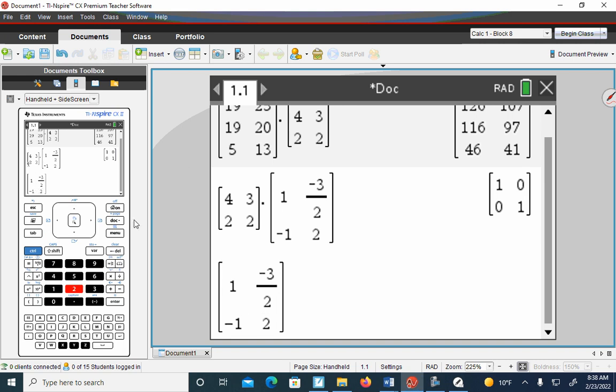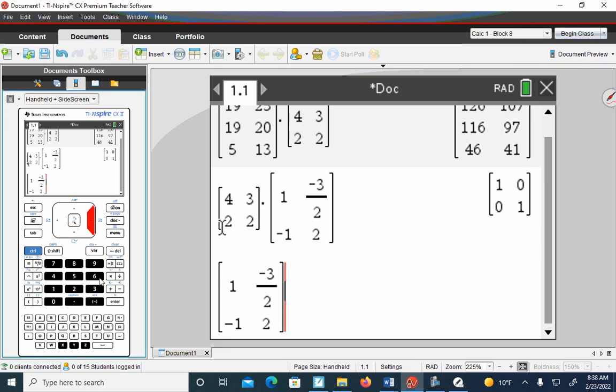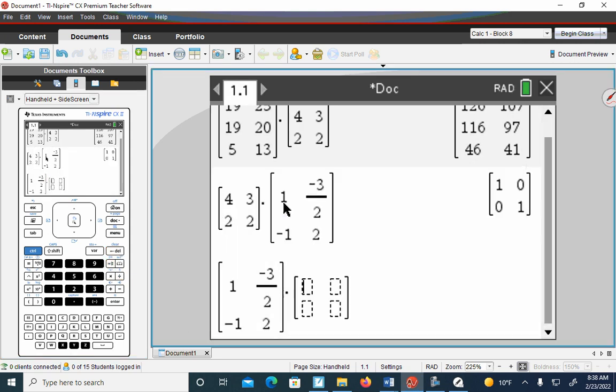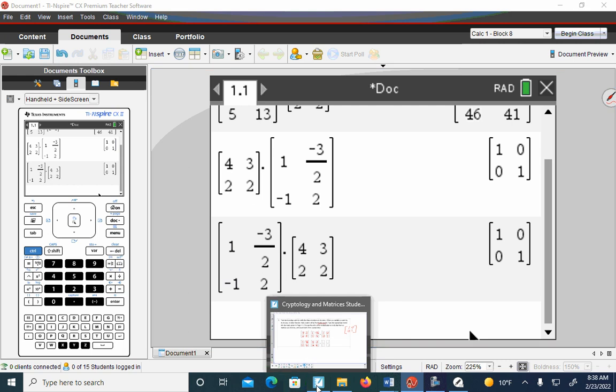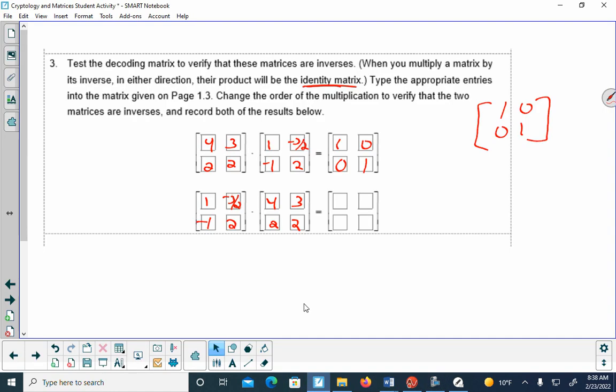Multiply, oh, whoopsie, not divide, multiply. And when I do, I also get the identity, so I am happy, and I am going to write that down here. So I verified that those two matrices are inverses because when I multiply them in either direction, I get the identity matrix as the product.